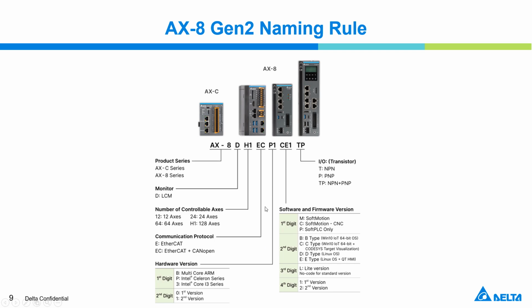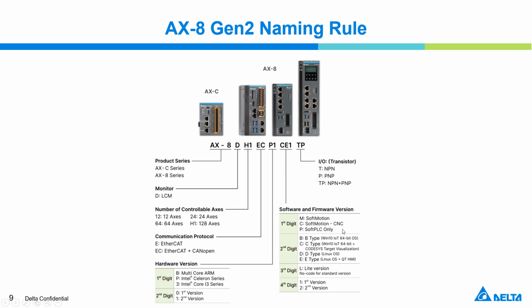And for the hardware, meaning the CPU, some are the Intel Celeron series, some are the Core i3 series. And the second digit here, if it is one, means the second version.